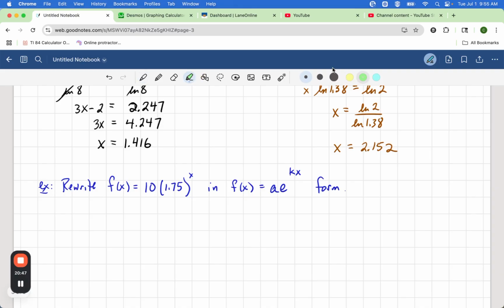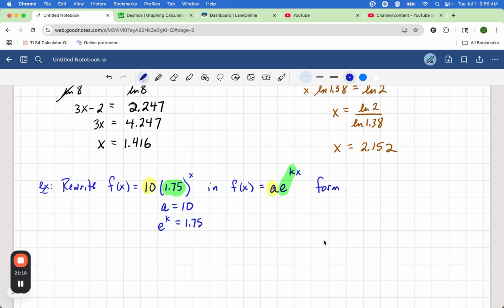So let me do some highlighting. That 10 is going to be your a, right? Easily enough. And then this 1.75 is going to be e to the k. All right, the x is in the same position. So here we go. What we have then is a equals 10, and e to the k equals 1.75.